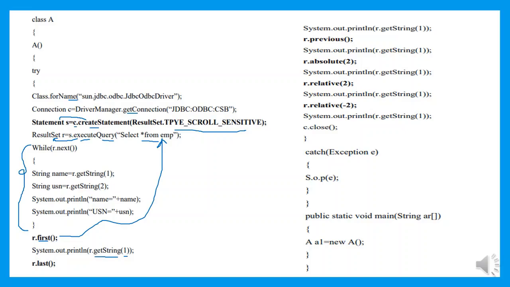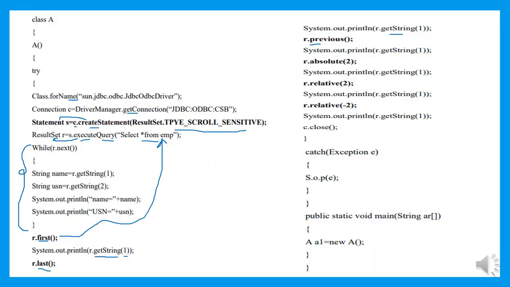Next I am executing the last method, which is going to point to the last row of the employee table. Now the cursor is currently in the last row of the table, so I am printing the name. Next I want to move the cursor one step backward, so I will make use of the previous method.